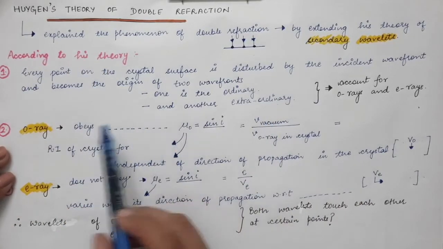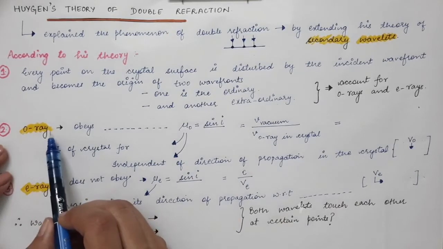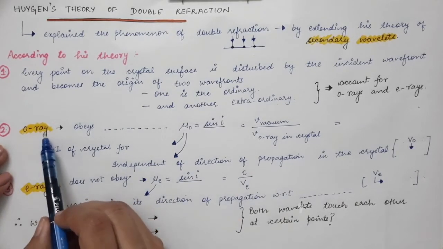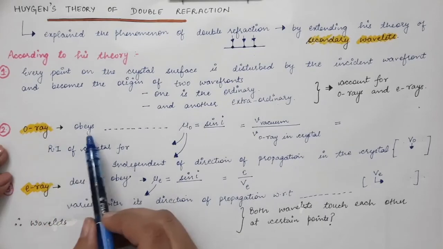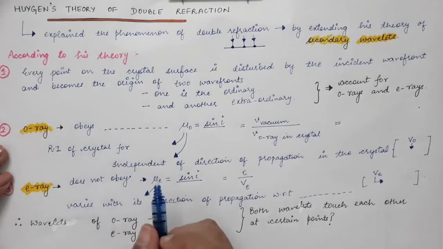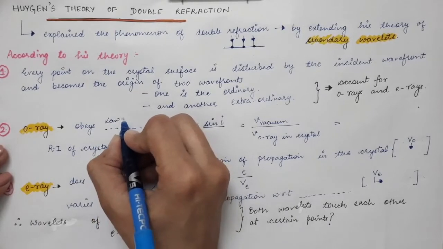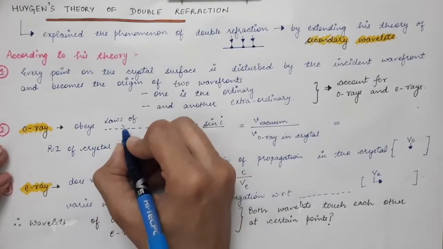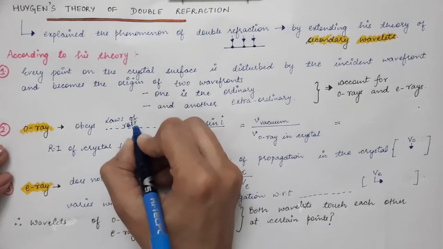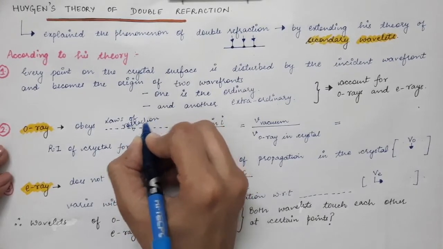Now second, the O-ray which is formed and propagates obeys the laws of refraction. This property we have already seen of the ordinary ray, that the O-ray obeys all the laws of refraction.